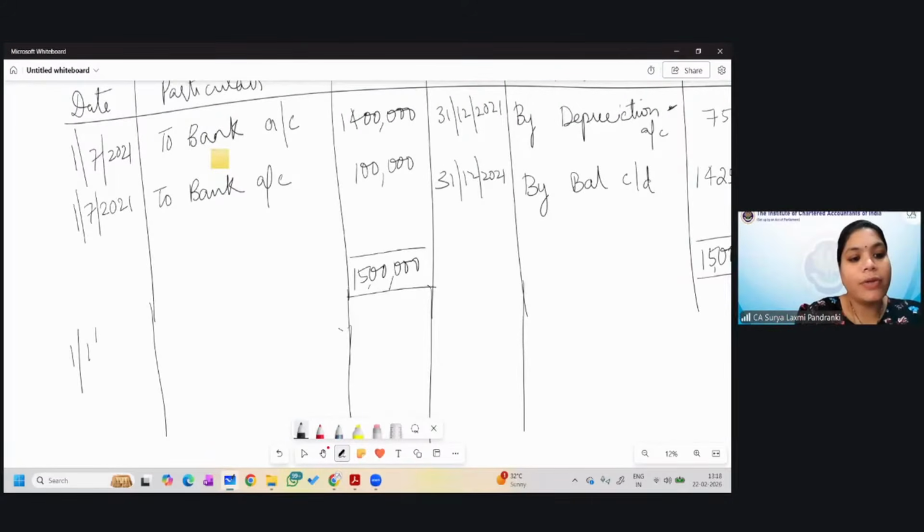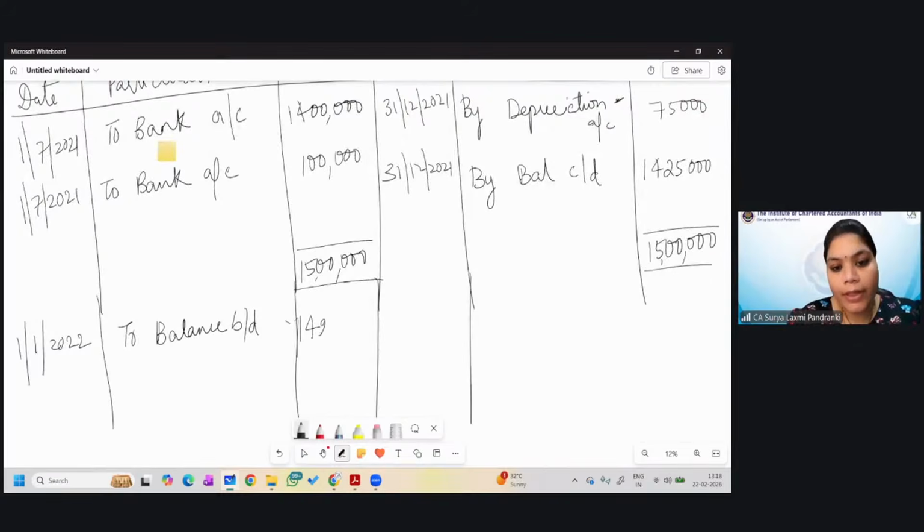1st January 2022, to balance brought down will be how much? 14 lakh 25,000. 14 lakh 25,000 is the balance brought down. Do we have any new asset purchased in 2022? No, nothing is given.